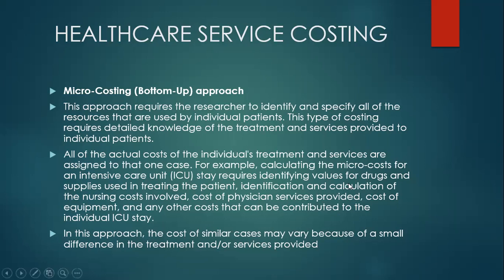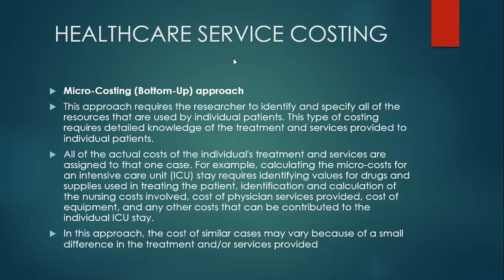For example, calculating the micro cost for an intensive care unit requires identifying the values for drugs and supplies used in treating the patient, identification and calculation of the nursing costs involved, cost of physician services provided, cost of equipment, and any other cost that can be attributed to the individual ICU stay.